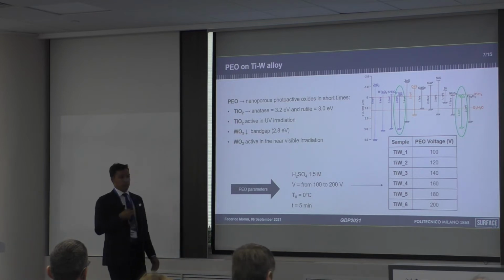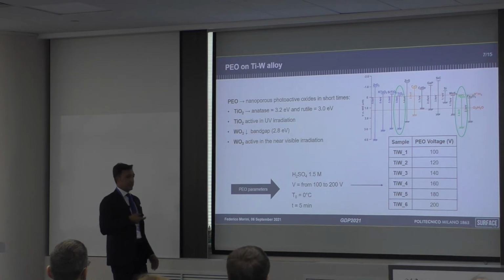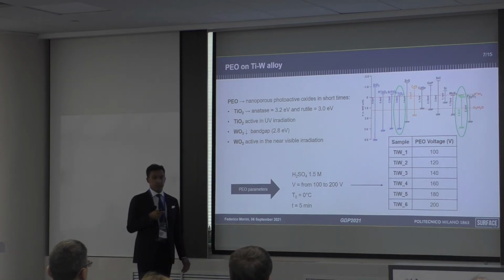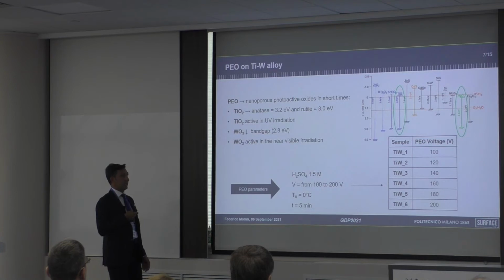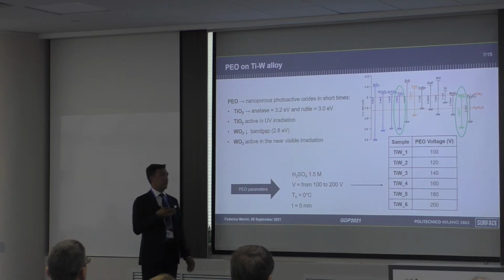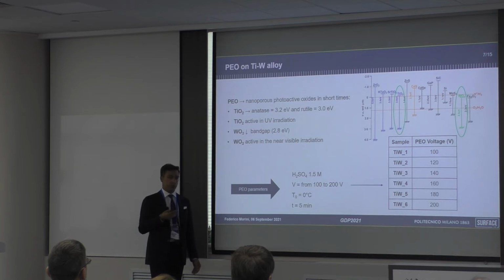As concerns tungsten and tungsten oxide, usually it is synthesized with anodization or with doping, so like a precursor inside a solution. And we wanted to study plasma electrolytic oxidation on tungsten trioxide to see if it is a possible route instead of using it as a dopant.